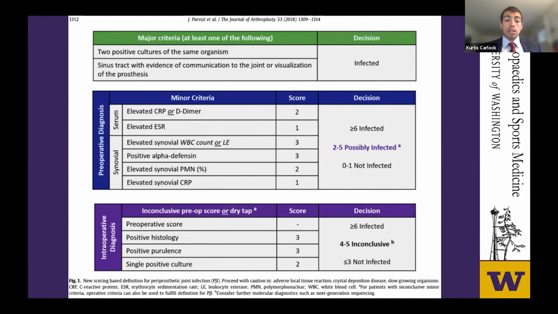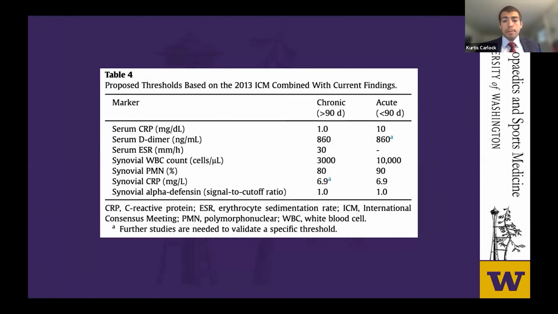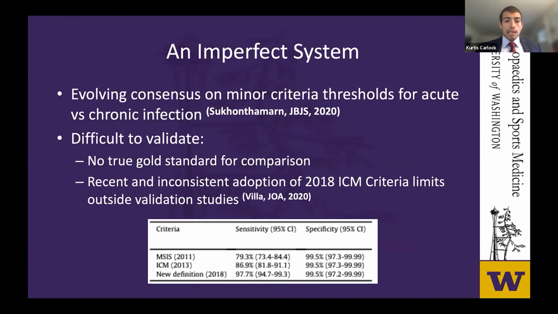It may not always be clear. And even though this is the most recent iteration of a diagnostic tool, there are some patients for whom we still may not be able to arrive at a definitive diagnosis. So, valuable there. They did include the same quantitative cutoffs as the earlier 2013 criteria, but it is important to mention that this system does remain imperfect.